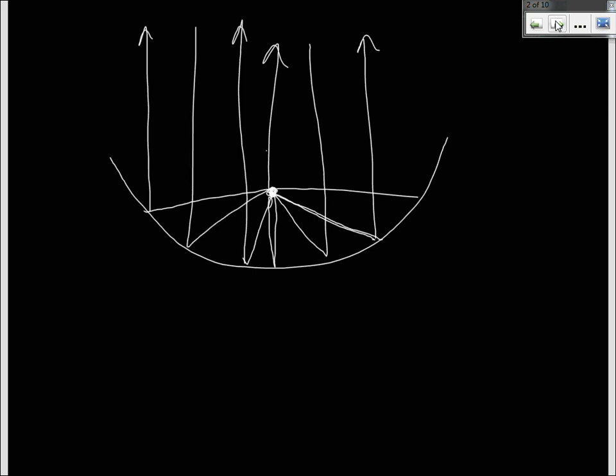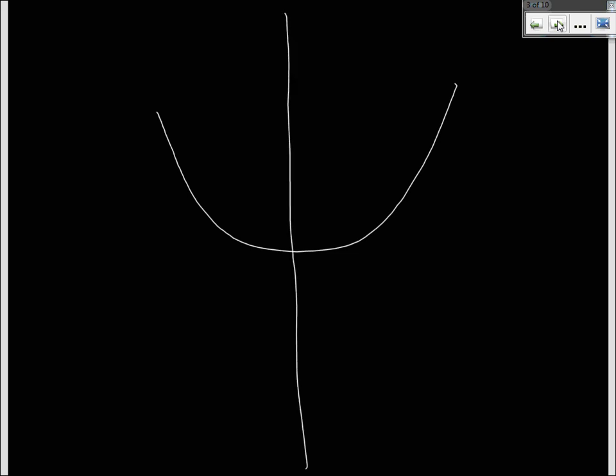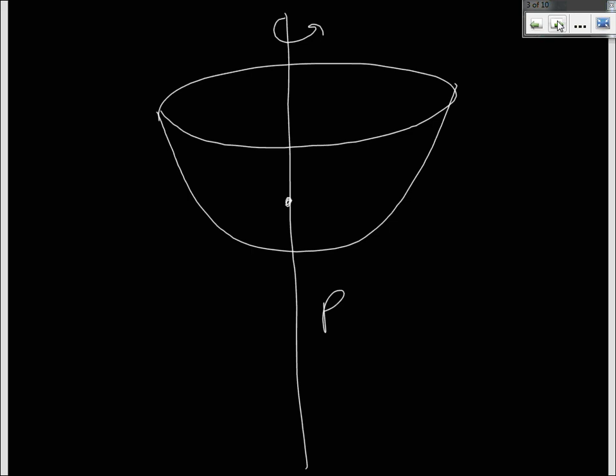Straight out, straight out. Now, if you were to take a parabola, put down the line of symmetry, and rotate it, what you would get would be like a bowl shape. And here's the focus, by the way. You would get a bowl shape, and it's called a paraboloid.